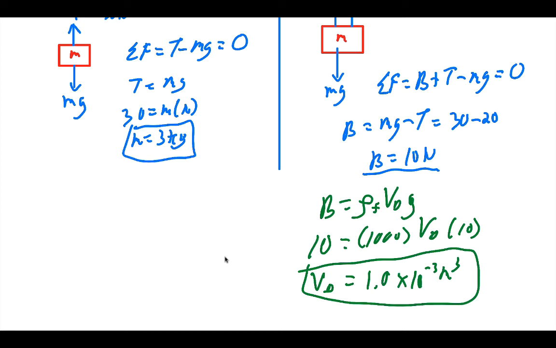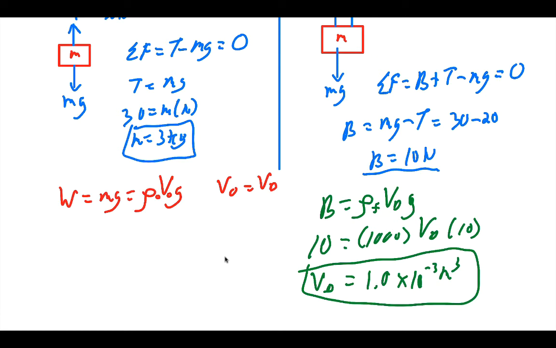Coming back here to the idea that the weight of the object, which is mg, is also rho vg. In this case, because everything was fully submerged, the volume of the object and the volume displaced by the water are the same number.